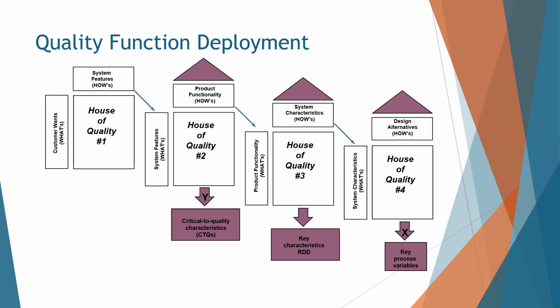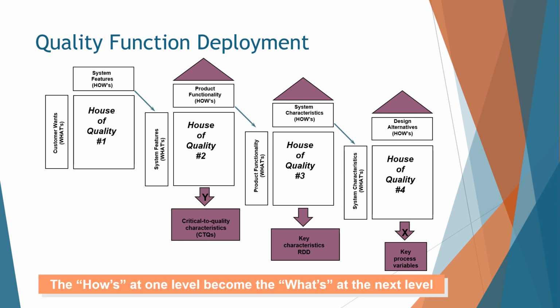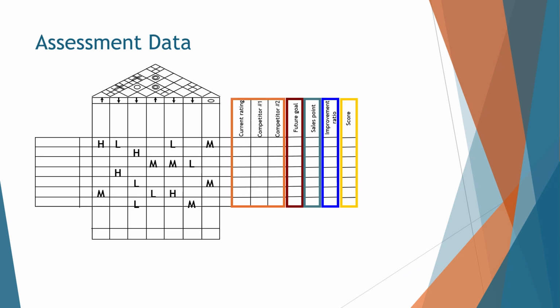You see this a lot with anyone who's responsible for designing the products or they're part of a product design team. Ones that are responsible for the creation of apps or services. The hows at one level become the whats at the next level.